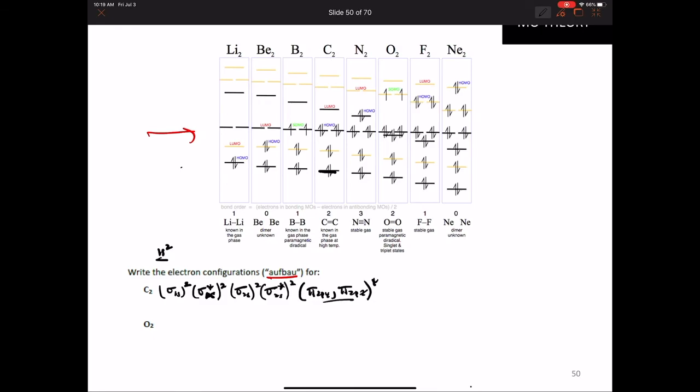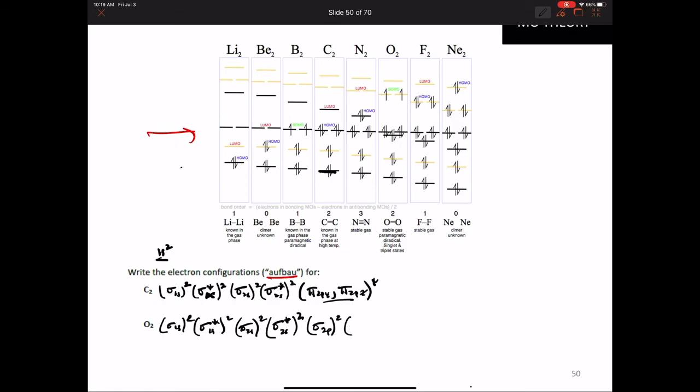So let's do O2. O2 would be sigma 1s2, sigma star 1s2, sigma 2s2, sigma star 2s2. Now we got our pi's. Oh, sigma first. So then we got sigma 2p2.